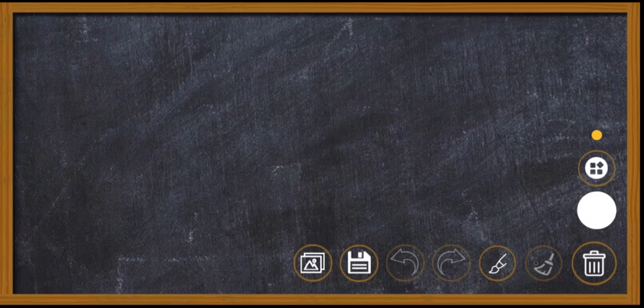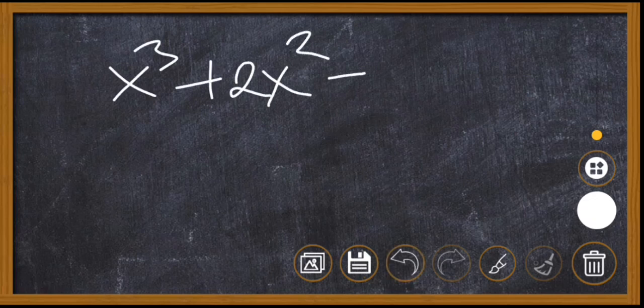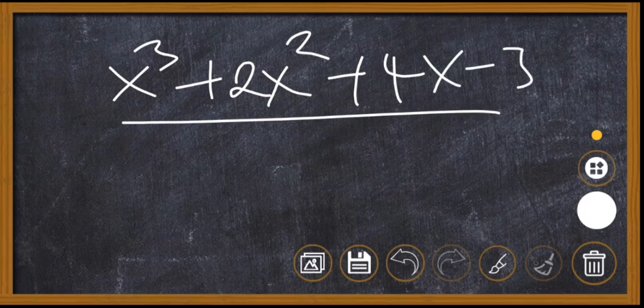The first method is where you have been given a polynomial and also a divisor. The main polynomial is called a dividend, whilst the divisor is the function which you are dividing into the polynomial. Let me give an example. When you have x power 3 plus 2x squared plus 4x minus 3, this is called a dividend.